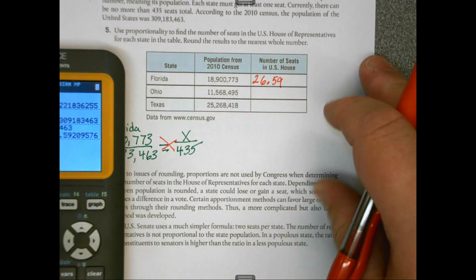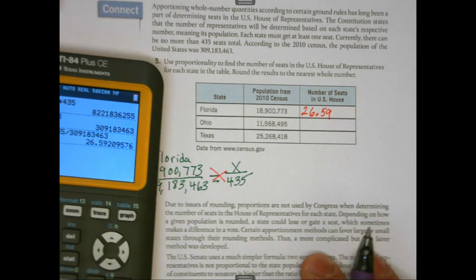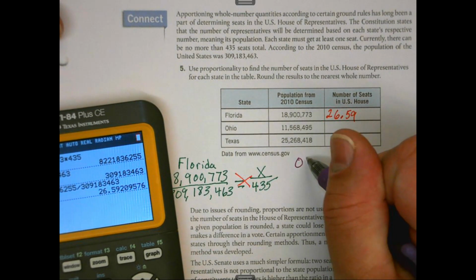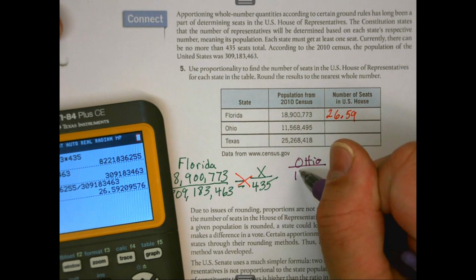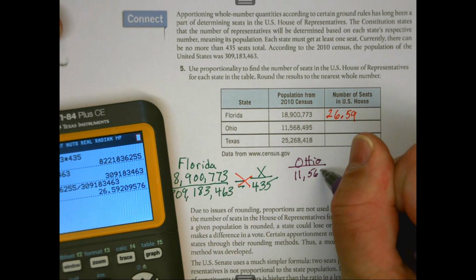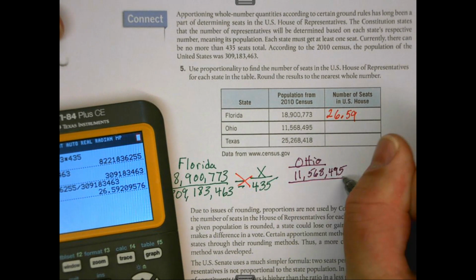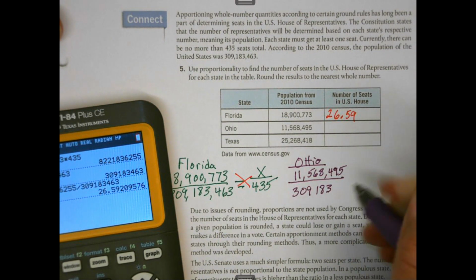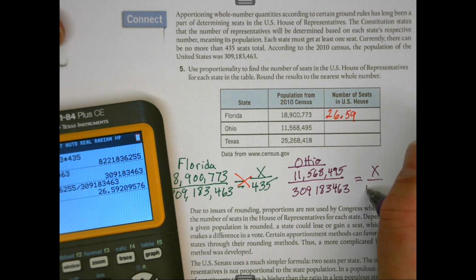So, let's see, 11,568,495 times 435 divided by 309,183,463. And I get 16.28.